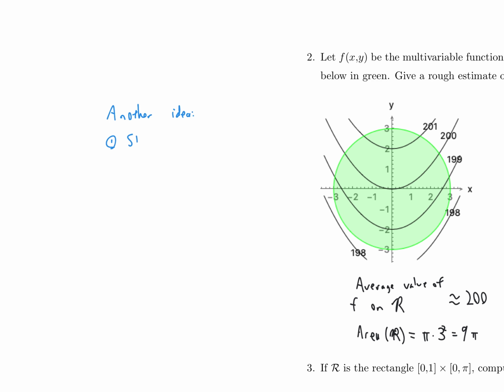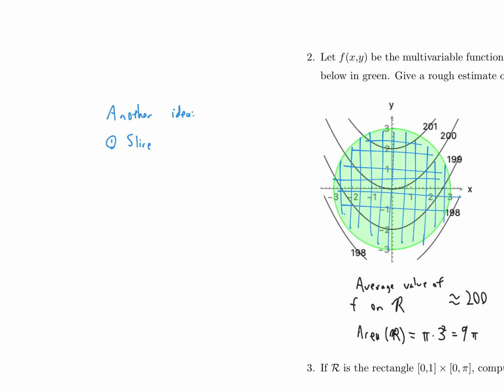So if I start by slicing the region up into little boxes as usual, and then think about approximating f of x, y times delta A on each box, I realize that I'm basically always calculating something like, well, f of x, y is always close to 200, so this is always about 200 times delta A. And so for each box, I'm calculating 200 times the area of the box.